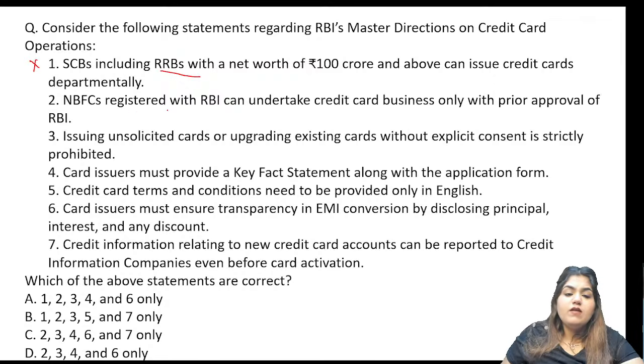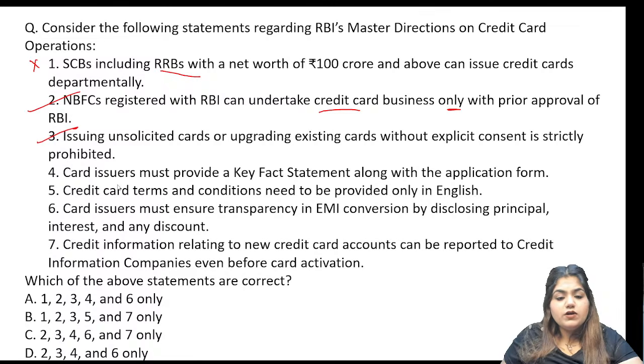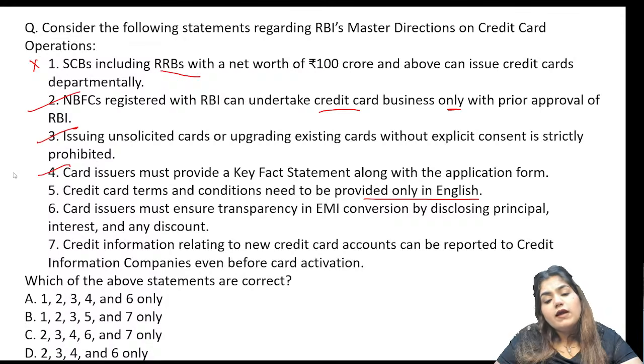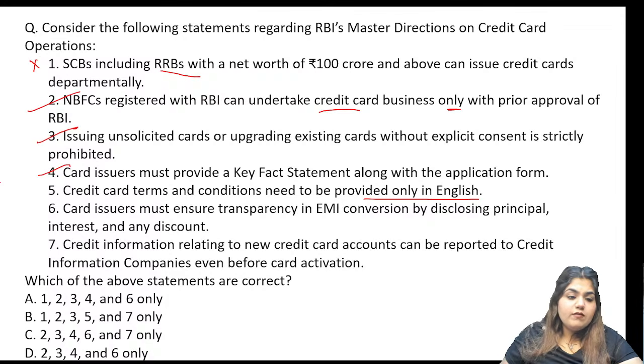NBFCs registered with RBI can undertake credit card business only with the prior approval. Yes. Statement number 3 is also correct. Statement number 4 is also correct. Statement number 5. Credit card terms and conditions need to be provided in only English. We can give it in English, Hindi, or any local language. Statement number 5 is incorrect.